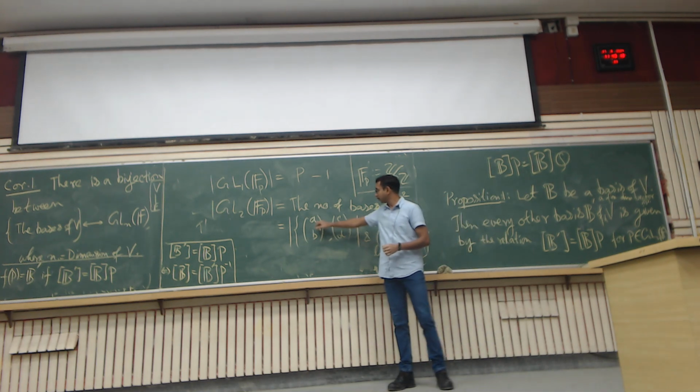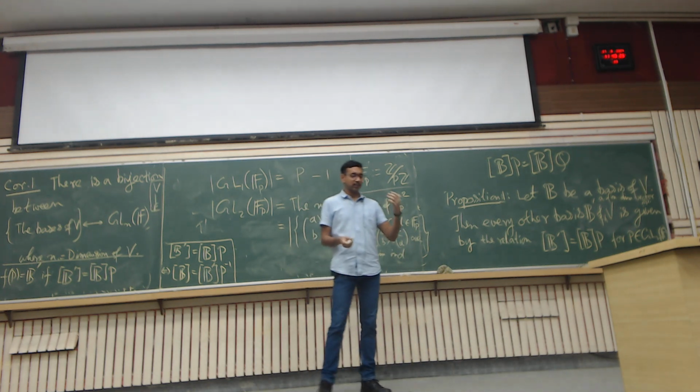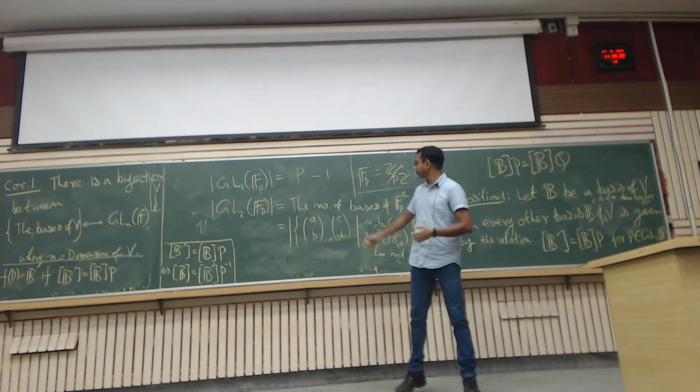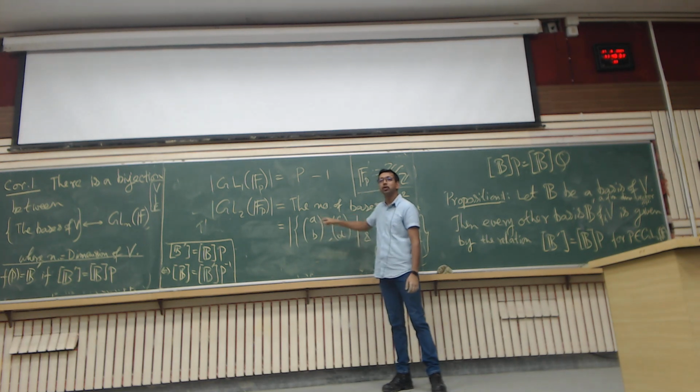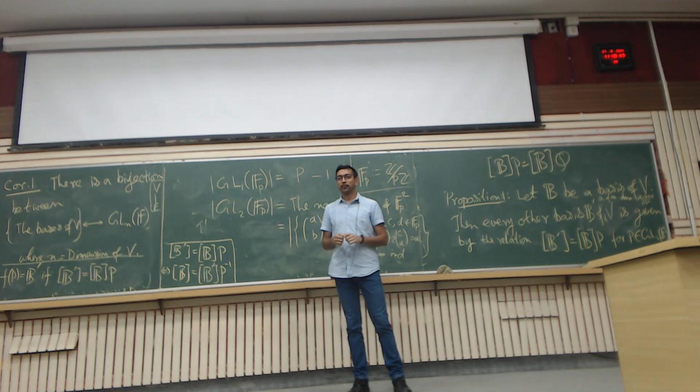So if what I want to say is that for A, B, all you have to choose is the number of vectors which are linearly independent. What one-dimensional vectors are linearly independent? 1, 0 and 0, 1. If you are given one vector, that set is linearly independent when? When it's C1, C2, when it's not zero.